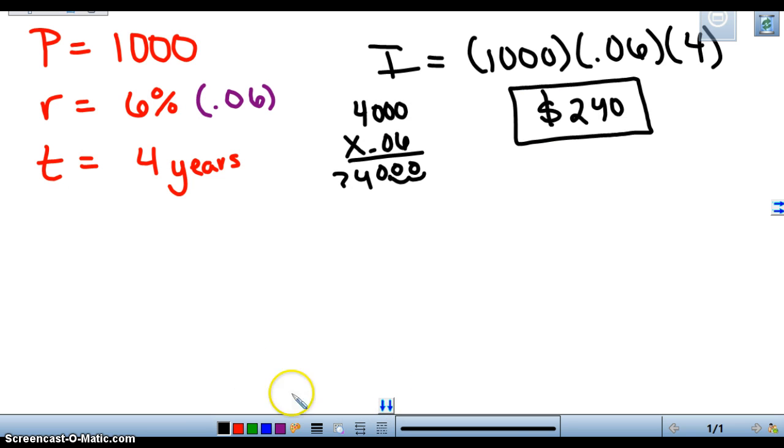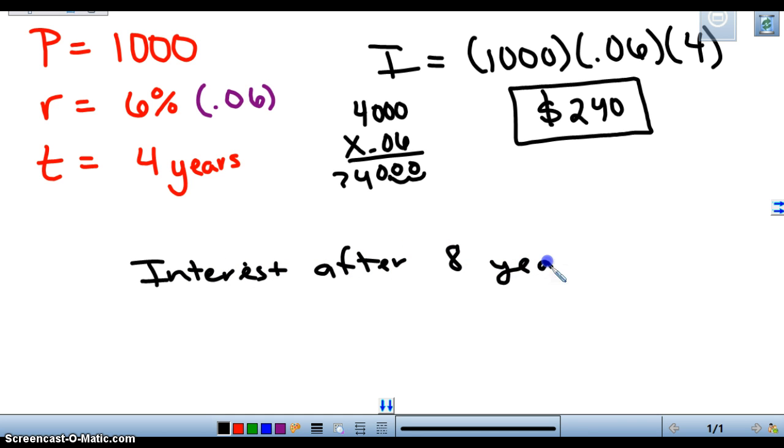So what would the interest be after 8 years? We would have to say 1,000 times 0.06 times 8.